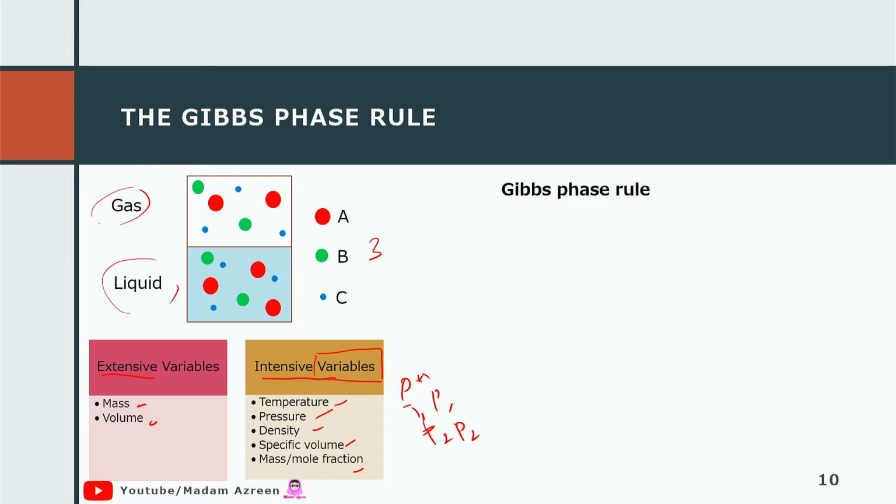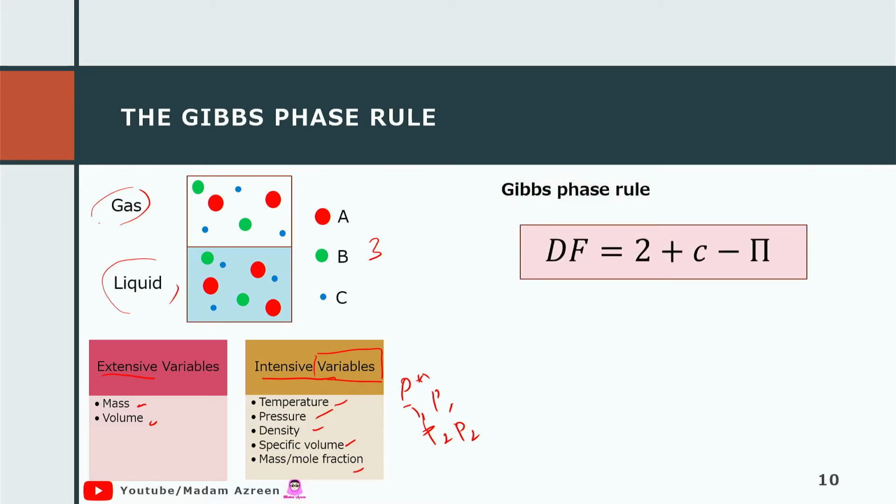Okay, and then this Gibbs phase rule is a rule whereby we have to calculate the degree of freedom, meaning to say we have a system with a few phases and a few species. We have to calculate the degree of freedom, just like you calculated previously.